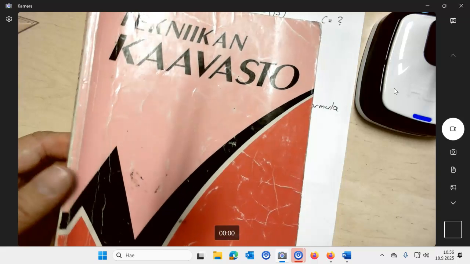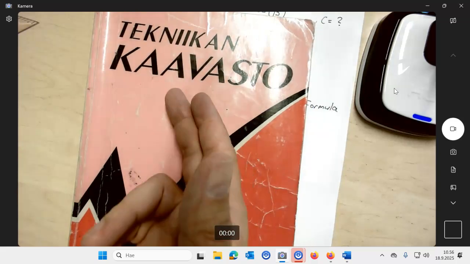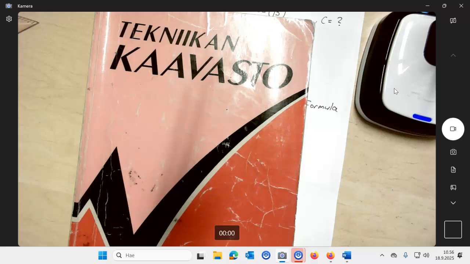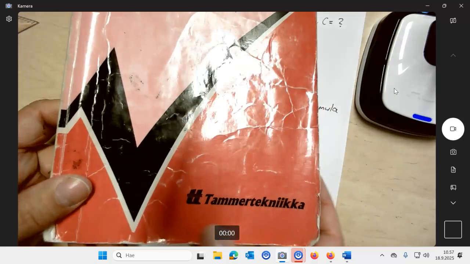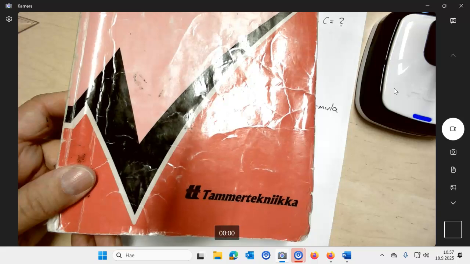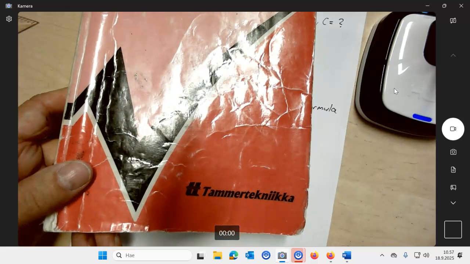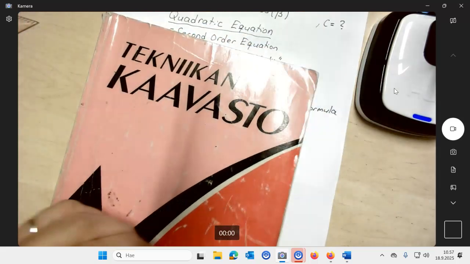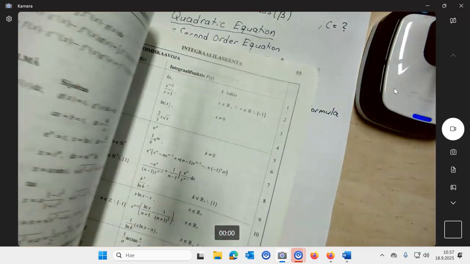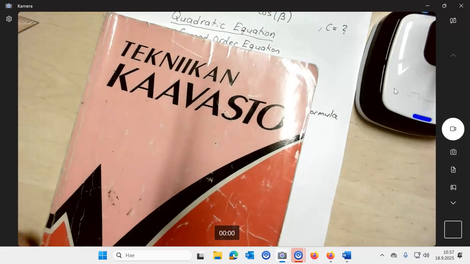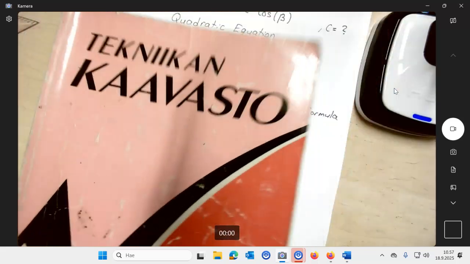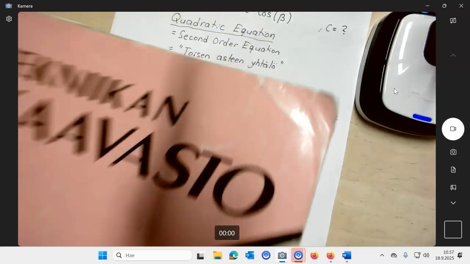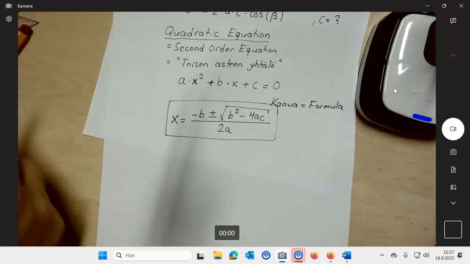I have at my home a book with the same title, made by Tammer Tekniikka, published I think in 1985 or something, and it was almost similar. The formulas there were exactly the same, I would say. So you don't have to buy a new one. Those old ones are okay also.